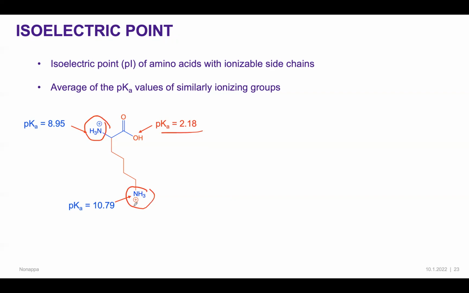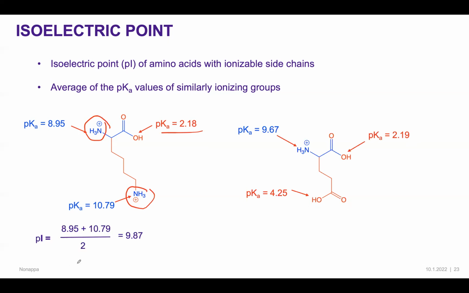In this case, it's the amines, so you take the sum of these two and then divide by 2. What if you have two carboxylates? Then you take the average pKa of the carboxylates. So the pI in this case is 9.87, and the pI of aspartic acid is 3.22. That means at 9.87, lysine will have zero charge, and at pH 3.22, aspartic acid will have zero charge.